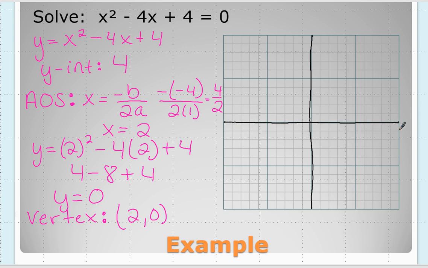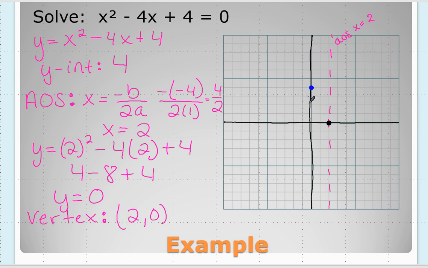So my axis of symmetry is at 2. My vertex is at 2, 0. My y-intercept is at 4.